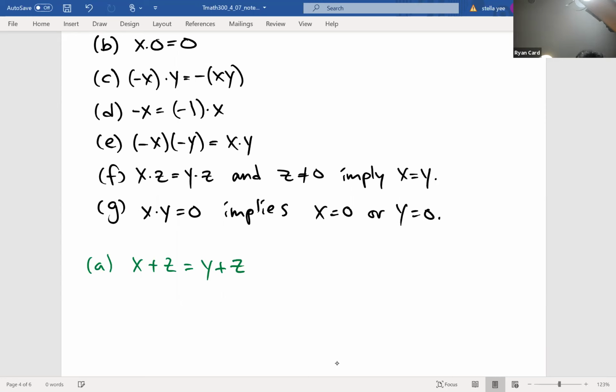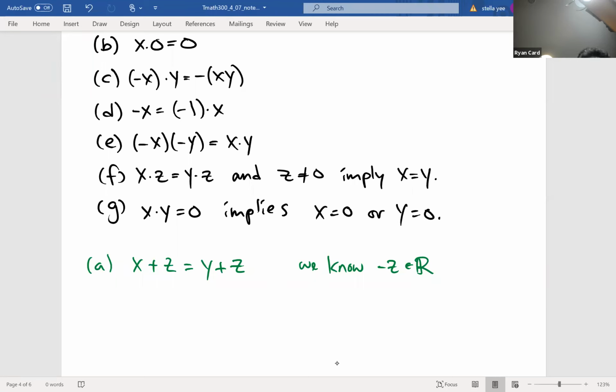This is where we start, and we want to show that this implies that x is equal to y. Well, we know negative z is a thing. So we have an additive inverse for z. What we're going to do is add that to both sides of the equation.